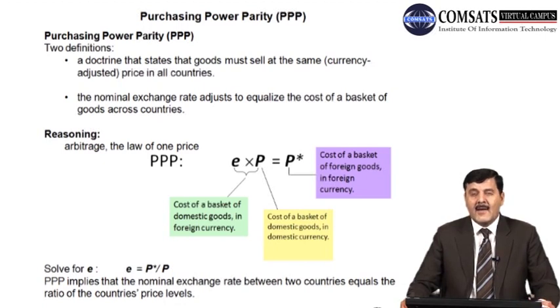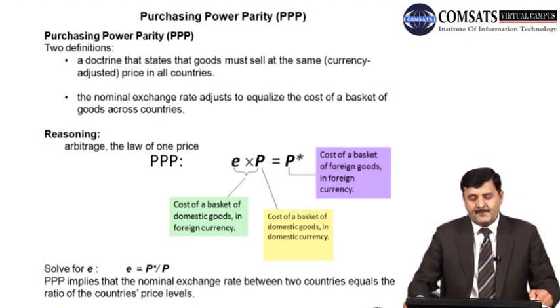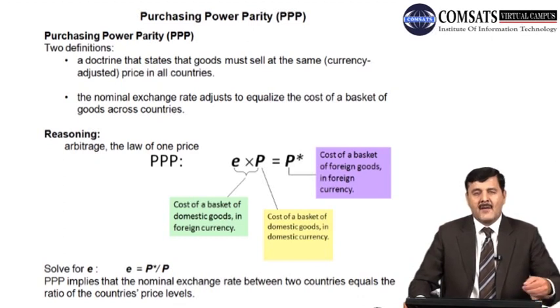Solving for E, we find E is equal to P star over P. So the nominal exchange rate between two countries equals the ratio of the price levels of the two countries.